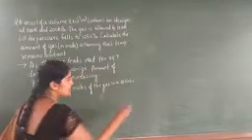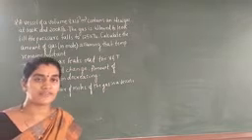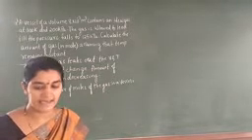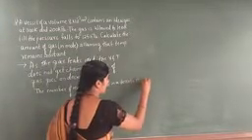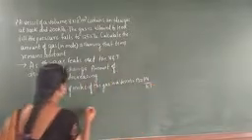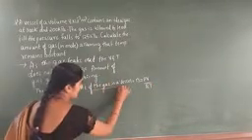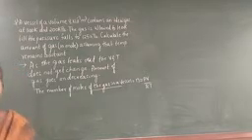To solve this, we know the ideal gas equation, PV is equal to nRT. By using that, n is equal to PV by RT.